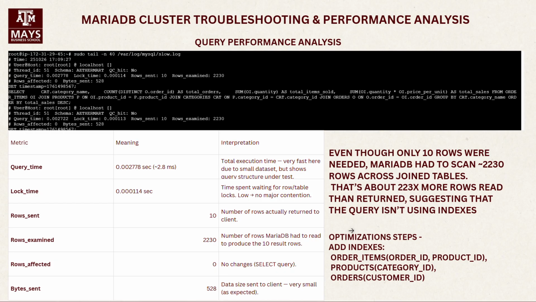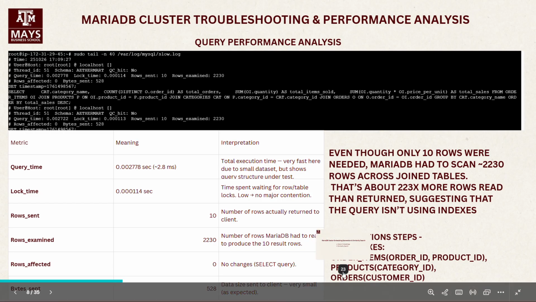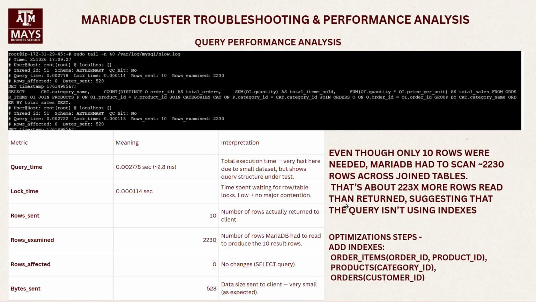So one way to optimize this query is to add indexes in these three tables so that we do not need to scan all the rows, but can just scan a few of the rows. So these are a few ways and commands which you can use to analyze the performance of your query and your cluster.